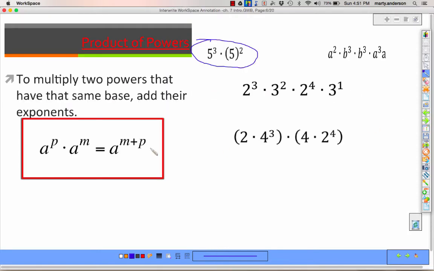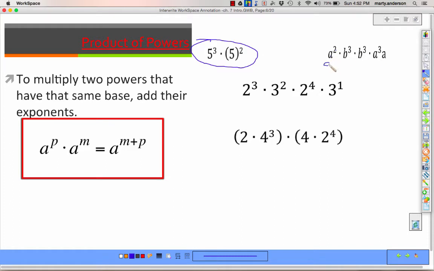So if we go back over here, it says to multiply two powers that have the same base, we add their exponents, because this is 3 5s times 2 more 5s. So it's repeated multiplication times repeated multiplication. When I look at this one up here, I see a's multiplied, and we can multiply in any order.